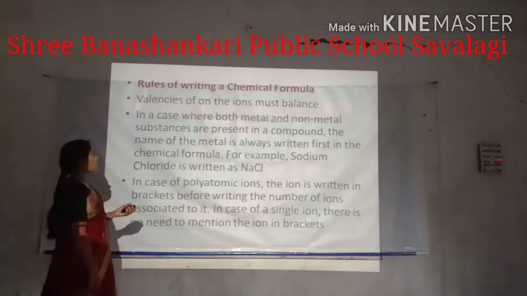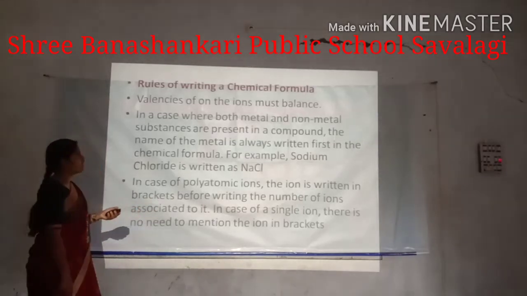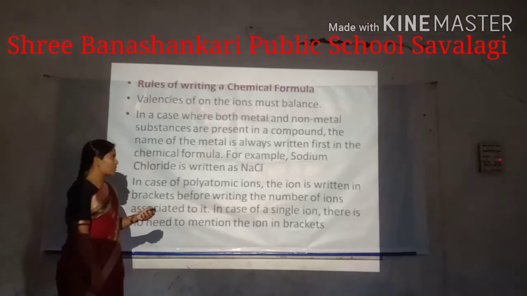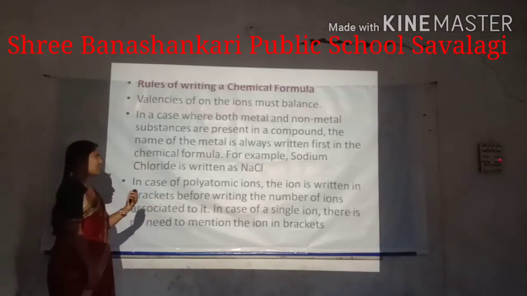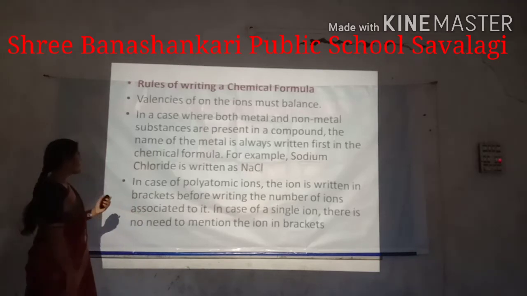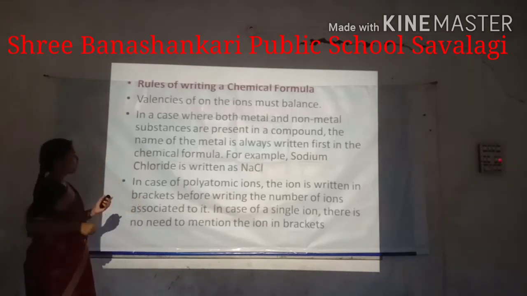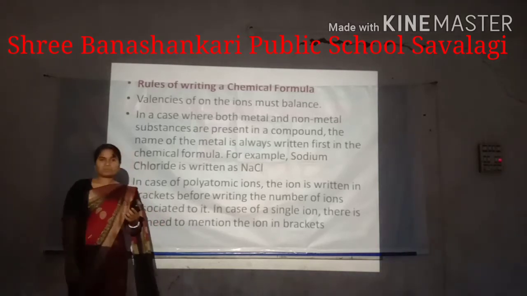In case both metal and non-metal substances are present in a compound, the name of the metal is always written first in the chemical formula. For example, sodium chloride is written as NaCl.